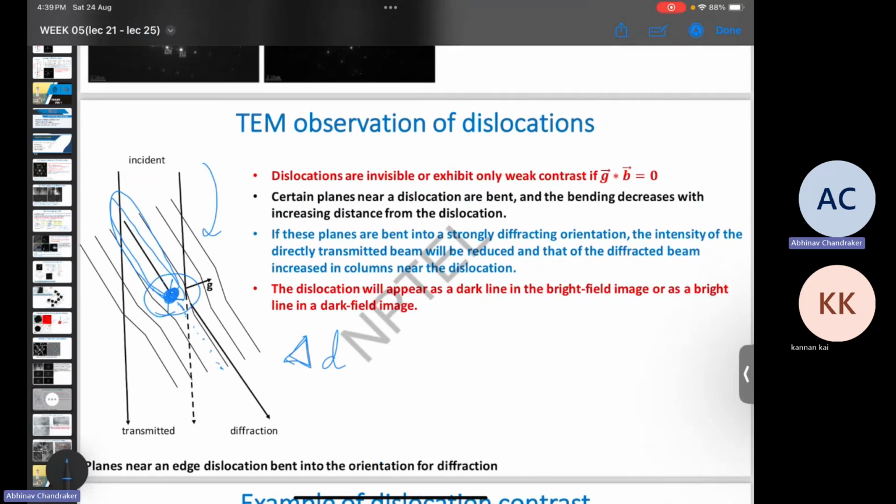Also, these dislocations have a Burgers vector associated with them, which is given by this symbol B. And if you have lattice planes having diffraction vector G, then the dislocations will be visible in your TEM image only when G dot B is not equal to 0.